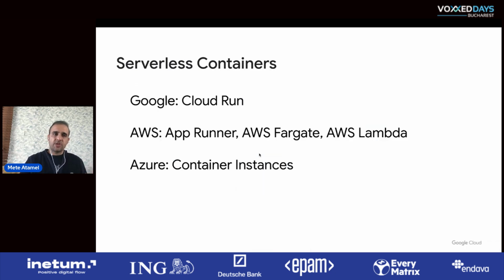But gradually, we started seeing services like Cloud Run on Google, App Runner on AWS, and container instances on Azure. All these services try to do is give you a way to run containers as if they're serverless functions. So give the flexibility of containers, but at the same time, also give you the management that comes with serverless functions.